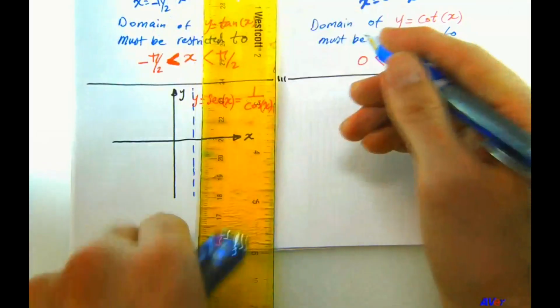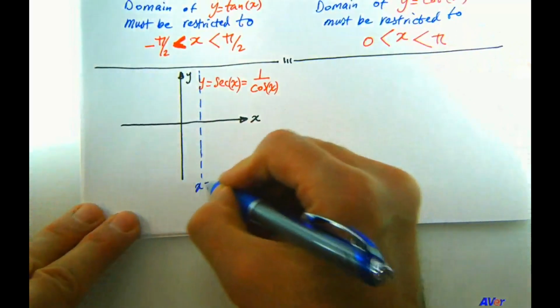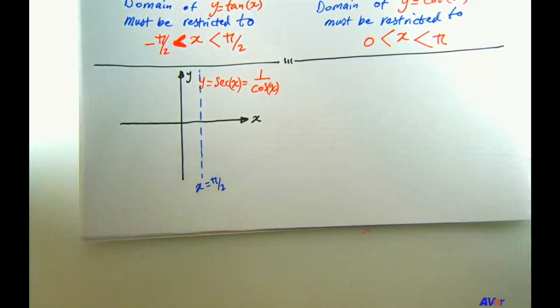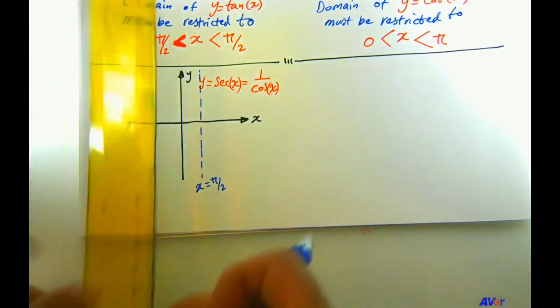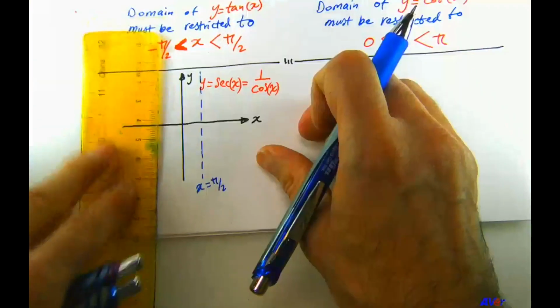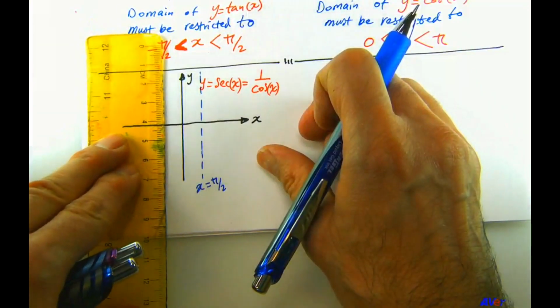And this would be x equals pi over 2. Also, we will have an asymptote at negative pi over 2.